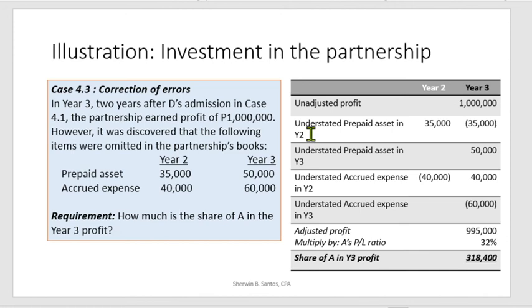Accrued expenses, current liability. So, the orientation, the concept of prepaid and accrued expenses ay 1 year. So kung itong year 2 ang pinag-uusapan natin, on year 3 maku-cure yan. Ano ibig sabihin ng maku-cure? So kung overstated siya on year 2, ibig sabihin on year 3 mag-automatic na matatanggal ang pagiging overstated niyan.